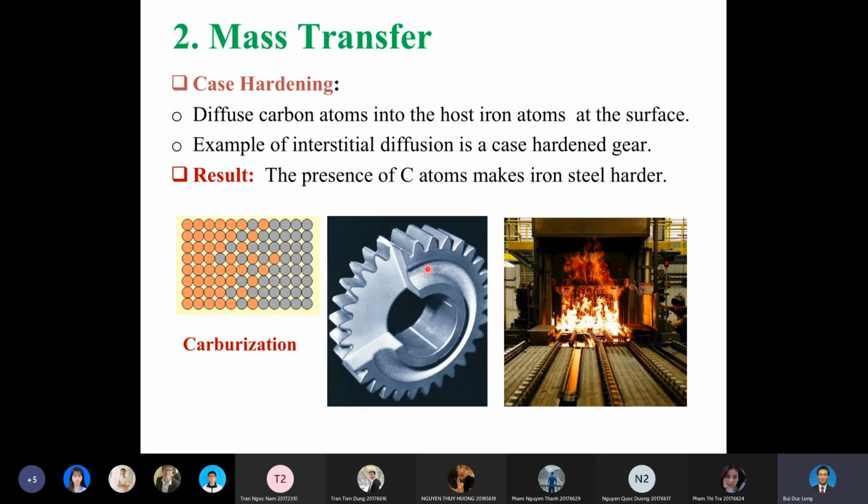For example, this is a bearing, so we normally apply carburization to make it hard. Carburization involves the diffusion of carbon atoms into the hot iron atoms in the surface of the object, which makes it harder. So it also involves mass and heat transfer.